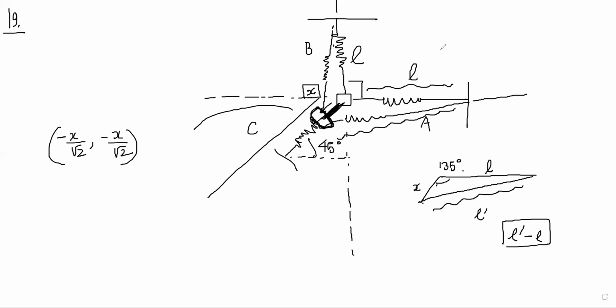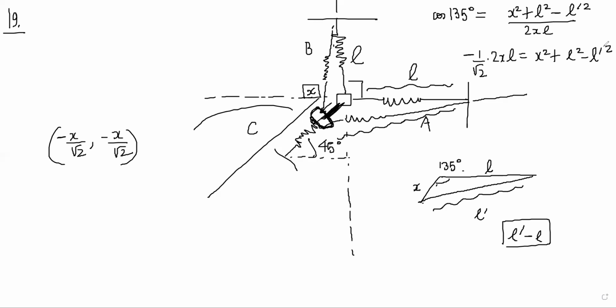So cos 135 is equal to (x square plus L square minus L dash square) by 2xL. Cos 135 is actually minus 1 by root 2. So minus 1 by root 2 into 2xL is equal to x square plus L square minus L dash square.